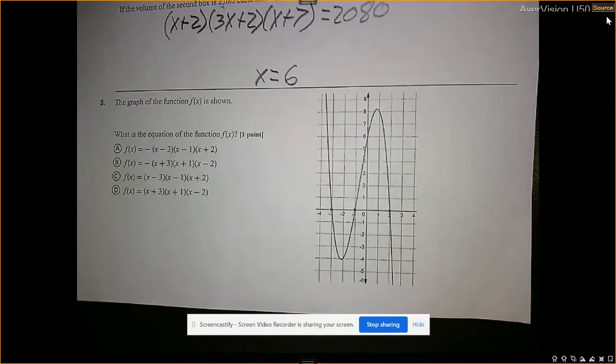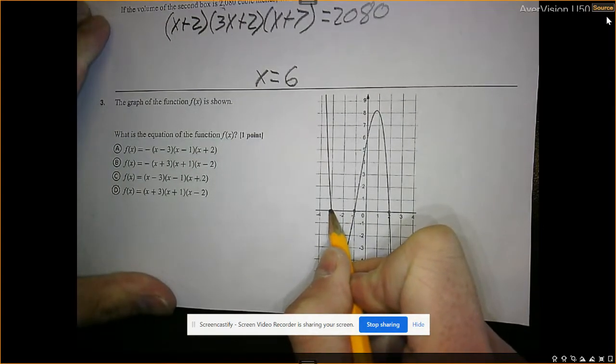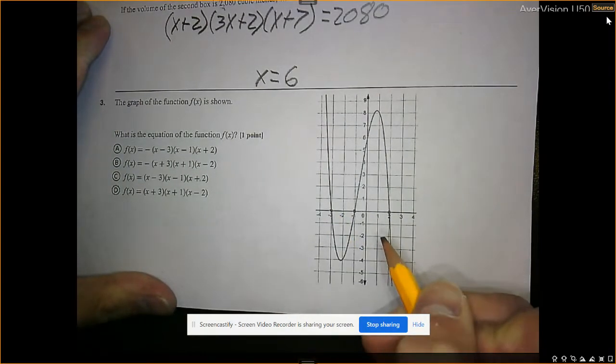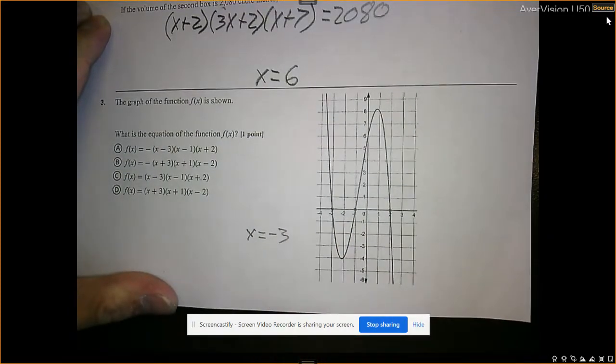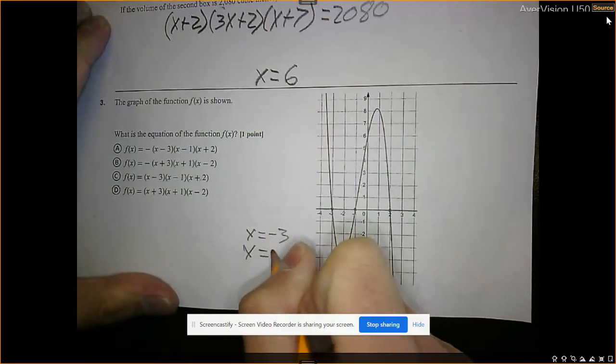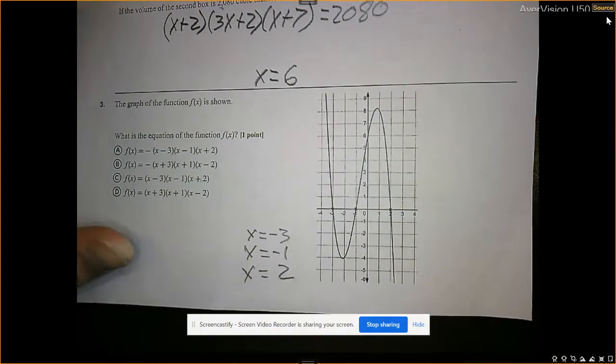Because all three of them are. So now I need to look at my zeros. There is a zero at x equals -3, x equals -1, and x equals 2.